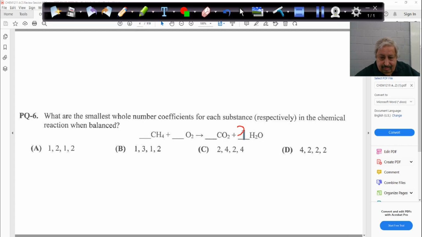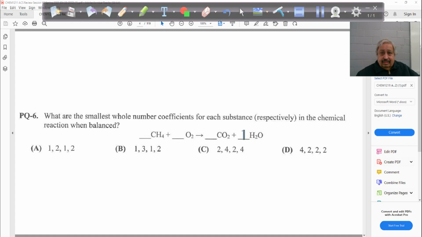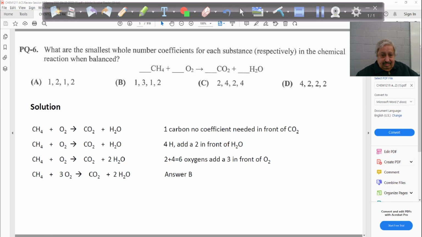This is 2. This is 1. This is 1. This is 2 here. This is 2. Correct? This is 4. No, we are correct. Answer is A. Yeah, our answer is correct. Their answer is not correct. I just double checked it.